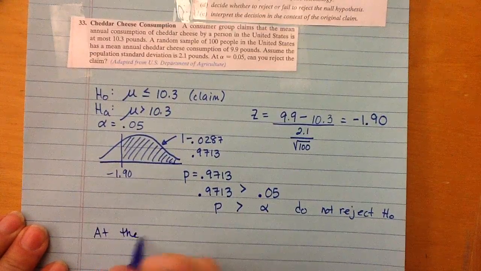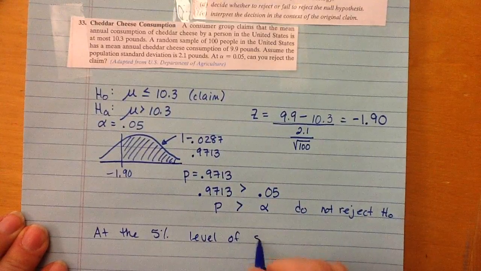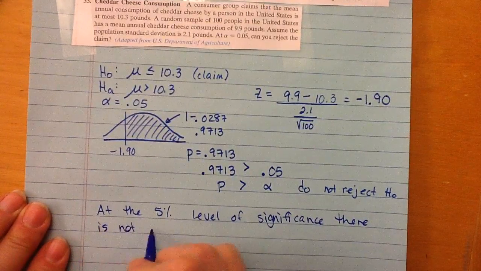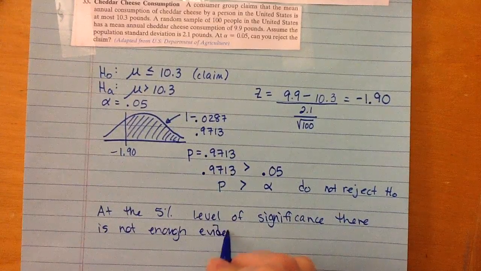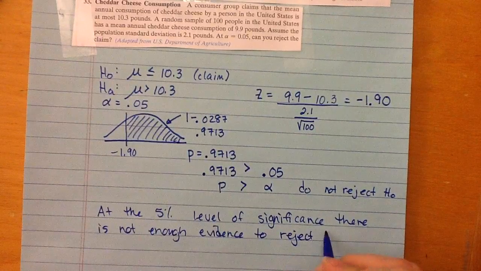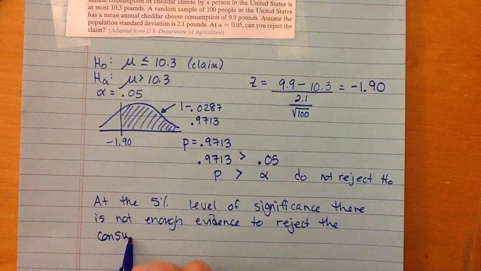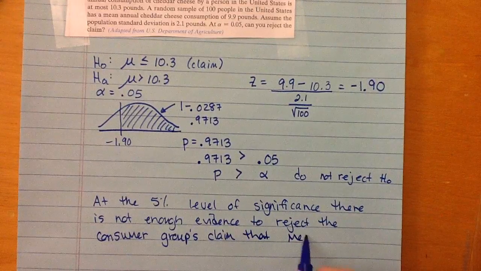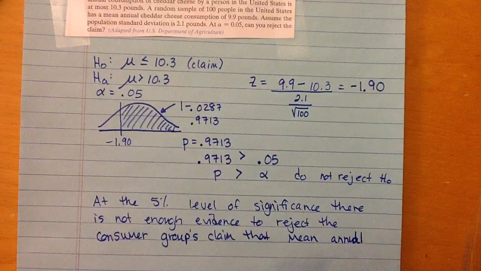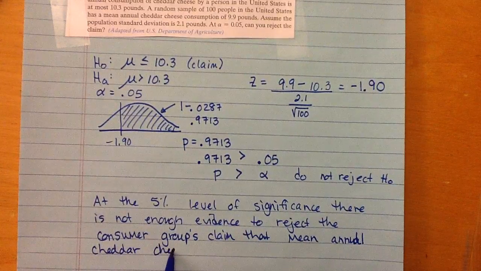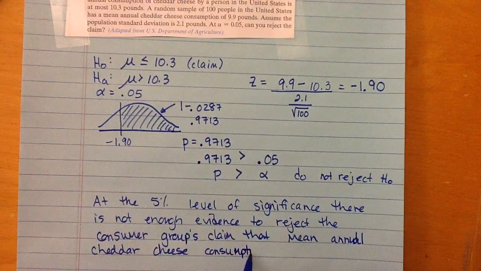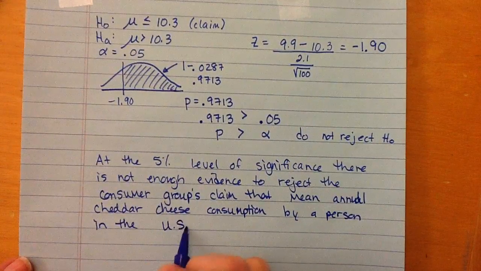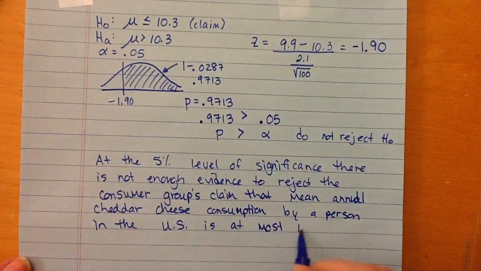So I'm going to say at the 5% level of significance, there is not enough evidence to reject the consumer group's claim that mean annual cheddar cheese consumption by a person in the U.S. is at most 10.3 pounds.